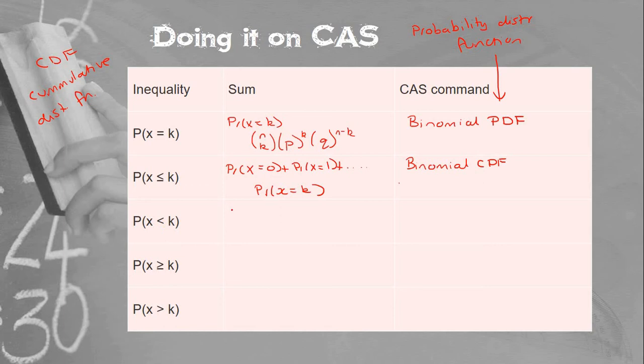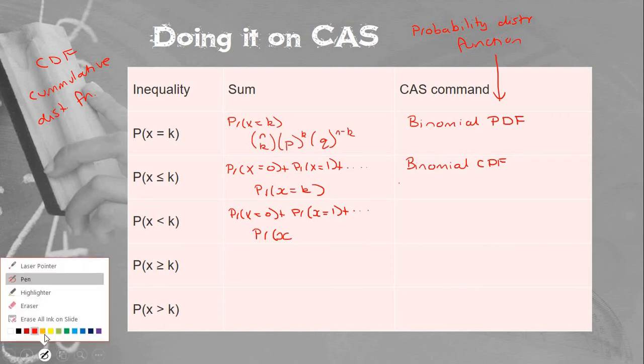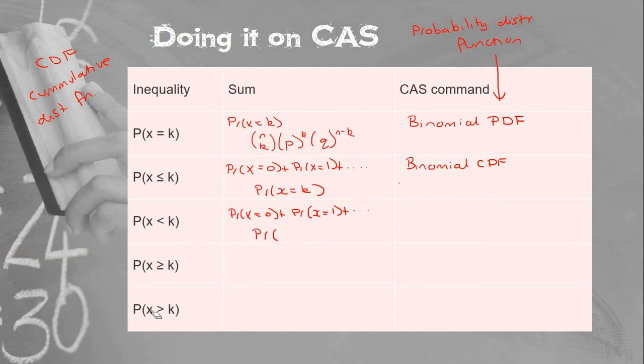Probability x less than k. We still start at x equals 0. We still start adding all of our values, but in this case we stop one spot before k. I can't include k, so my largest value will be, let me just rub that out there.